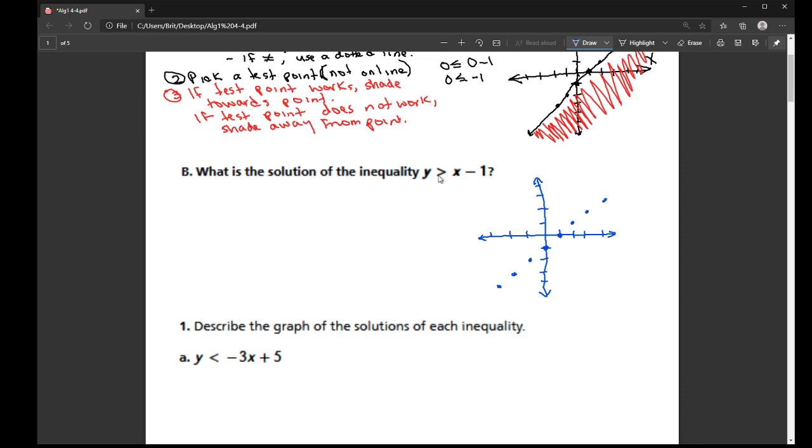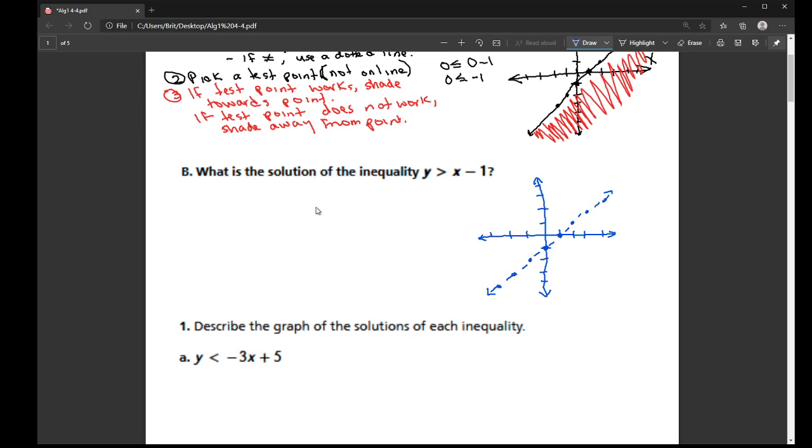Now because there's no equal part on this inequality, I'm going to draw my line with a dotted line. That means that points that are on that line are not a part of the solution set.